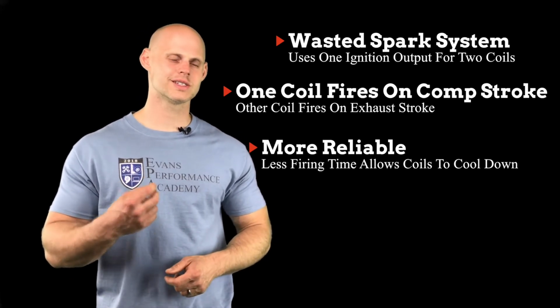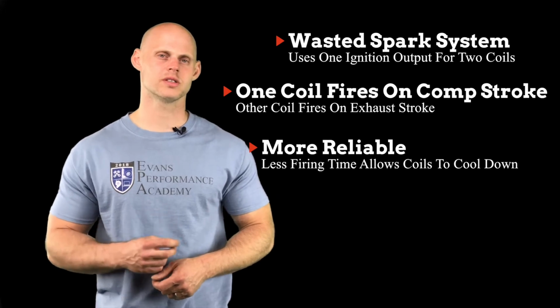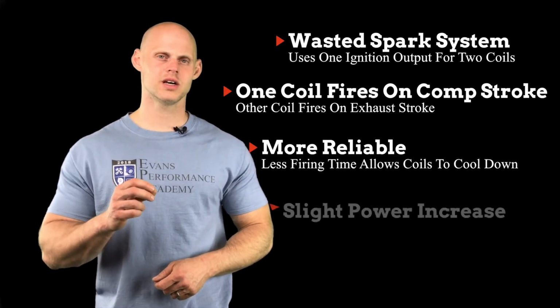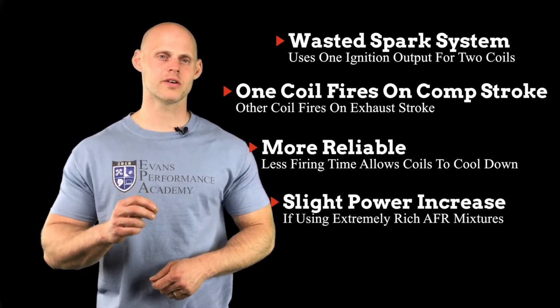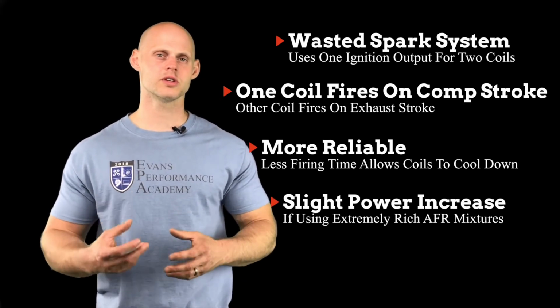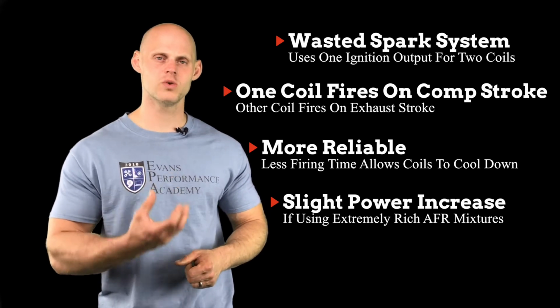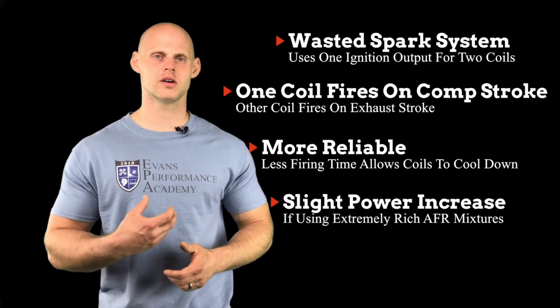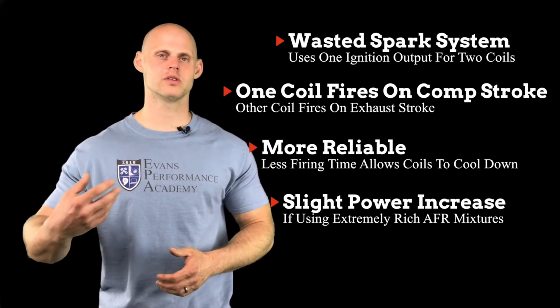Also, there is a slight advantage on a wasted spark system where we might see a touch of difference in power if we run very, very rich air fuel mixtures. Because at a very rich air fuel mixture, we might not combust all of the fuel that was in our combustion stroke, and it's going to carry through into the exhaust stroke.